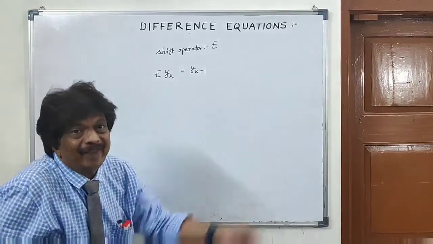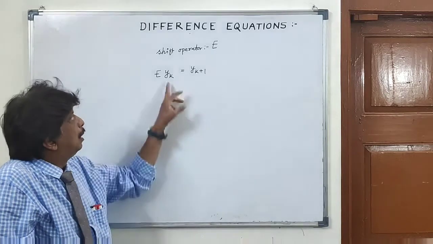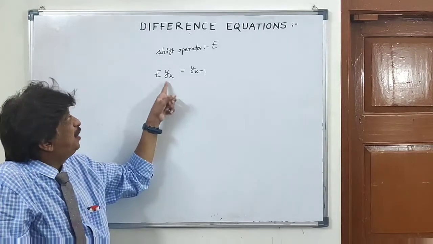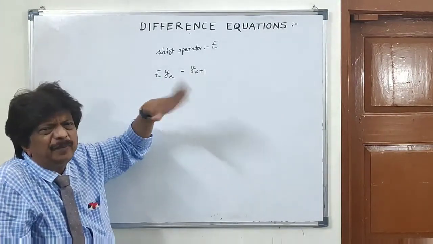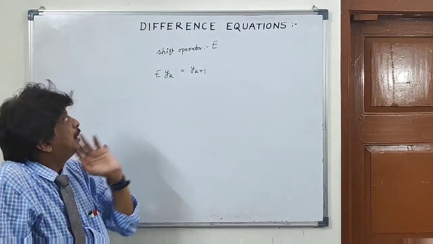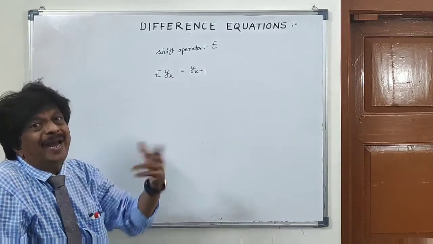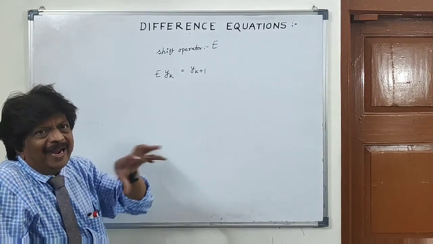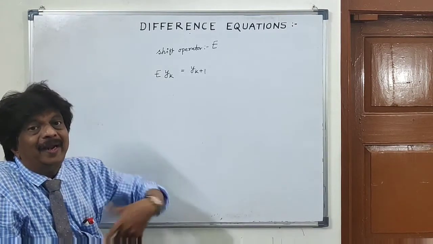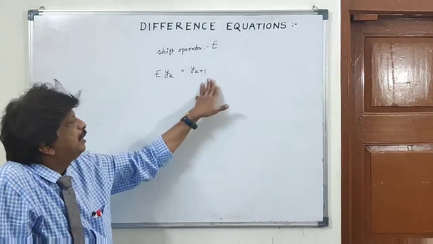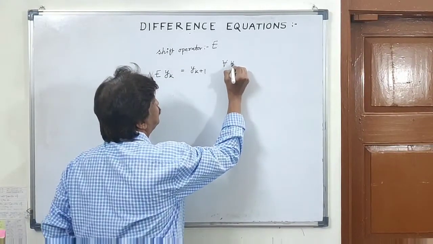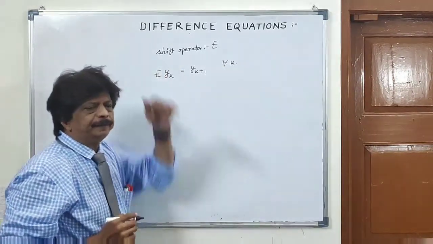It gives us the succeeding value. What is the value after yk? It is yk plus 1. So the forward shift of yk is yk plus 1. It shifts the values. E of y2 is y3. E of y10 is y11. E of y100 is y101 and so on. That is how we define the shift operator.